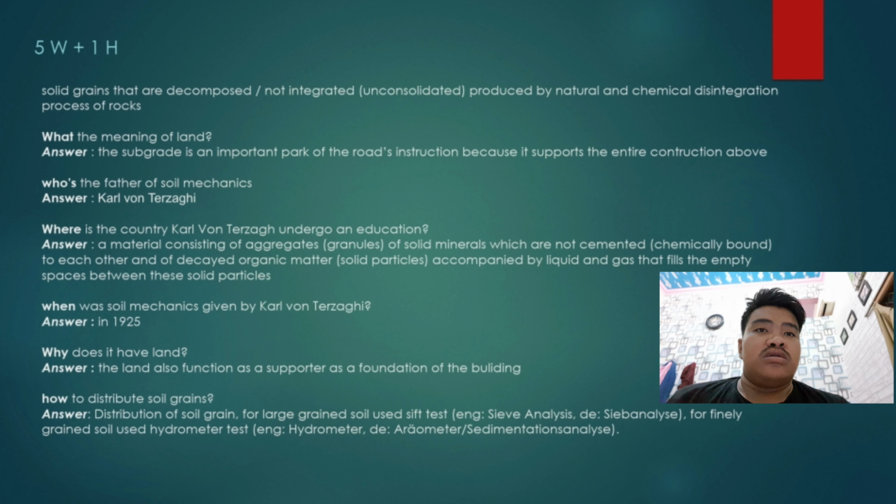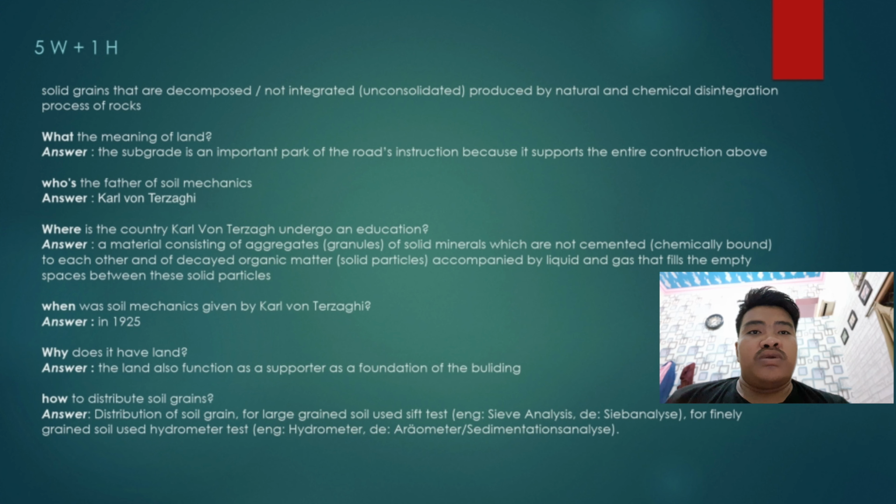Where is the country Karl von Terzaghi undergo an education? Answer: a material consisting of aggregates of soil minerals which are not connected to each other and of decayed organic matter accompanied by liquid and gas to fill the empty space between these solid particles.